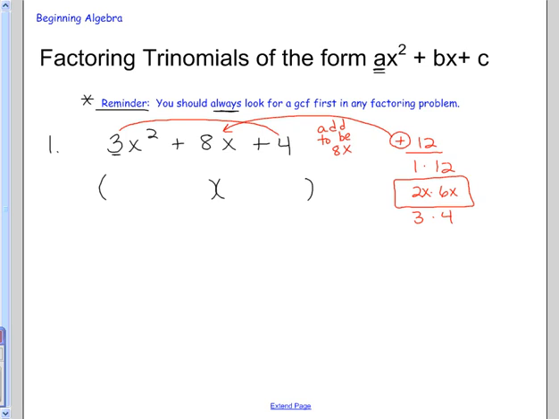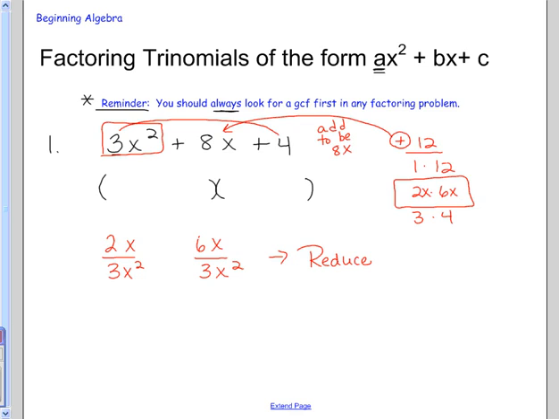Here's my process. Once I find the two numbers, 2x and 6x are the two terms, divide each one by the leading term in your original problem. So I'm going to divide both of these by 3x squared. And then next step, very important, is to reduce both of these fractions. We're going to reduce by using the quotient rule that we talked about in the previous chapter.